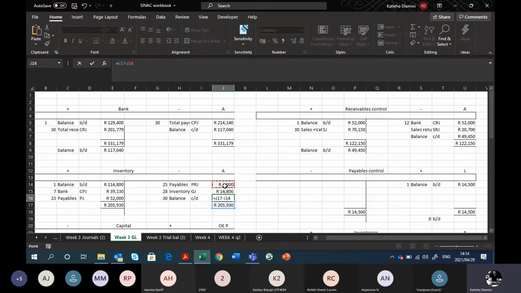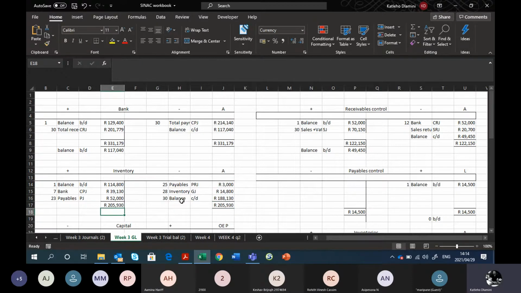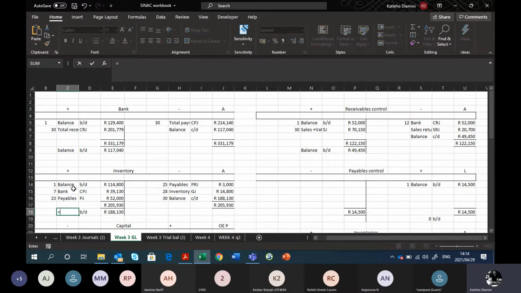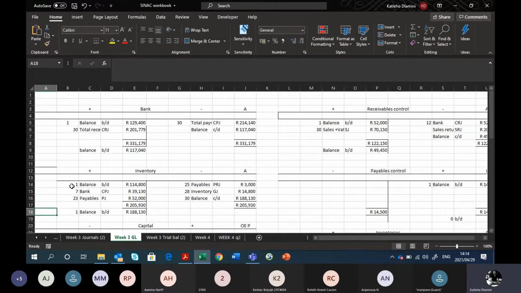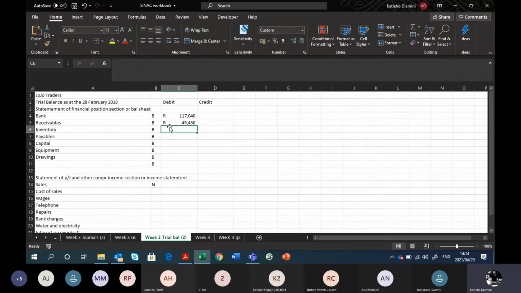So strange. That makes more sense. Okay, so that's our balance carried down, and then this would be our balance brought down on the first of the new month. Okay, so then our inventory, if I go here, inventory, that is equal to 188,130.